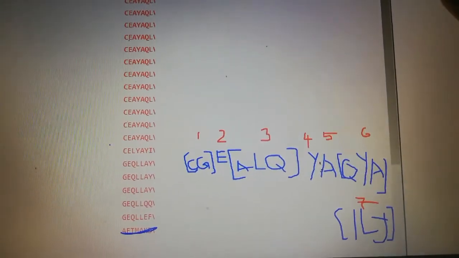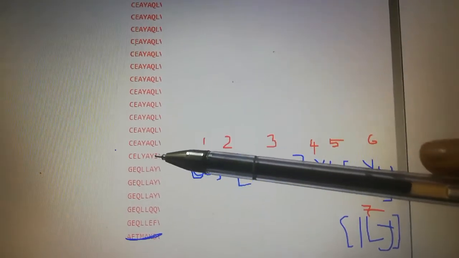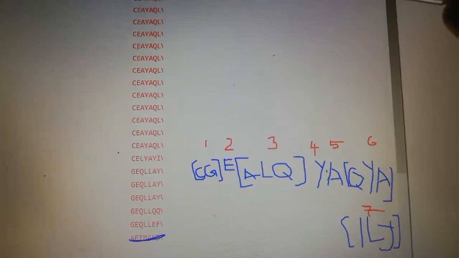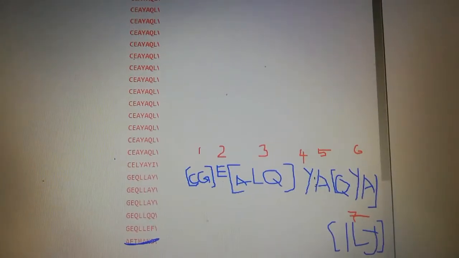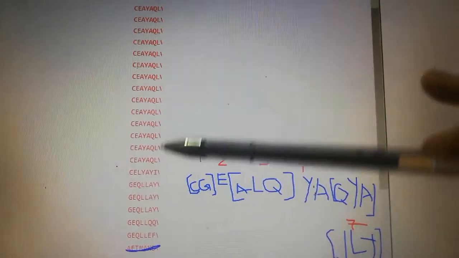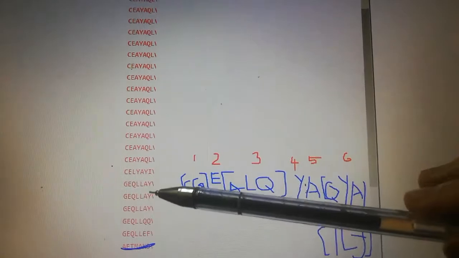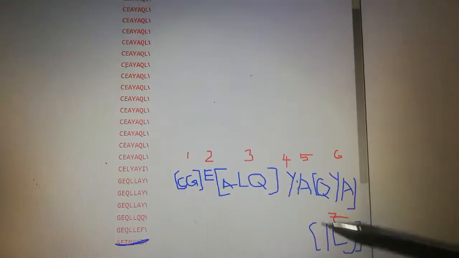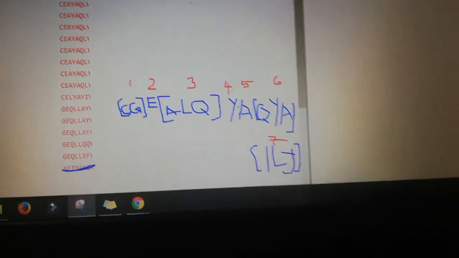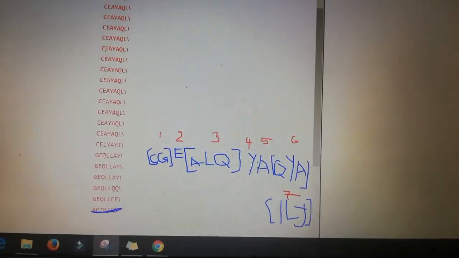For the sixth, you can choose Q, Y, A because it's QYA here. And for the last one, as we are taking 7 sequences, I purposely use I, Y, L because it's like I love you, right? So this is our new designed pattern.